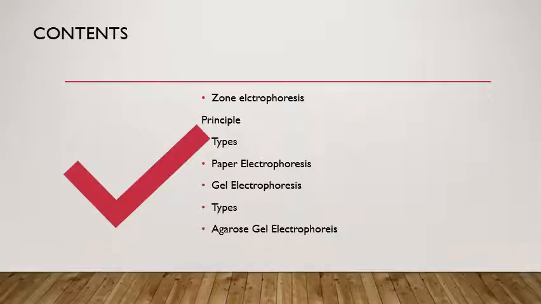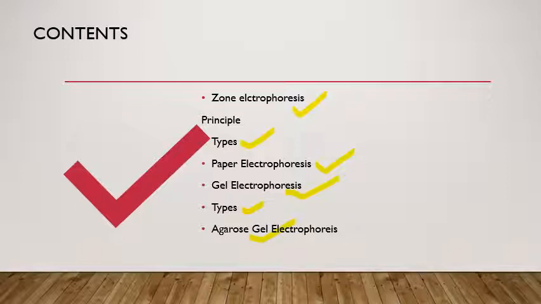In this lecture, we will cover the following topics in zone electrophoresis: the principle of zone electrophoresis, and the different types of zone electrophoresis, in which we will discuss paper electrophoresis and gel electrophoresis. The gel electrophoresis is also categorized into various types. We have to take each type of gel electrophoresis, that is agarose gel electrophoresis.